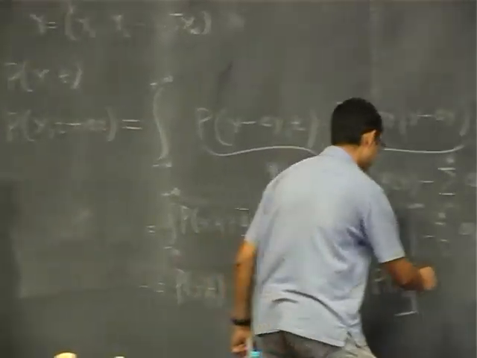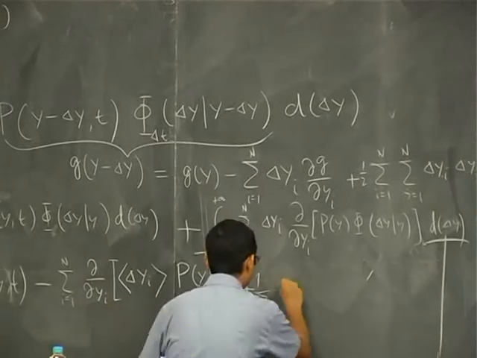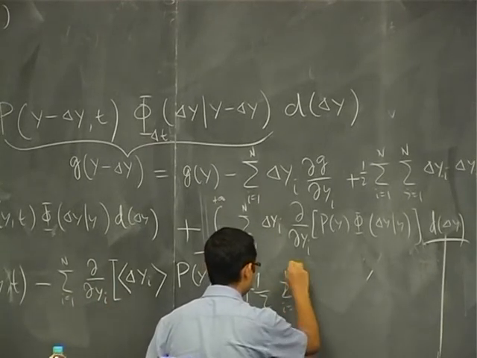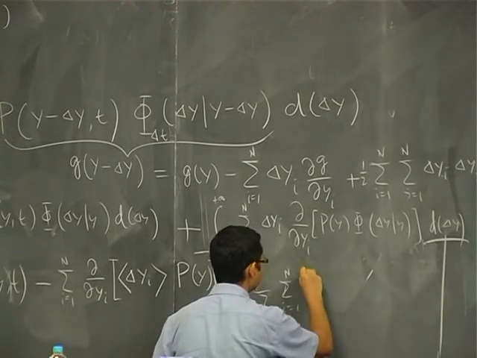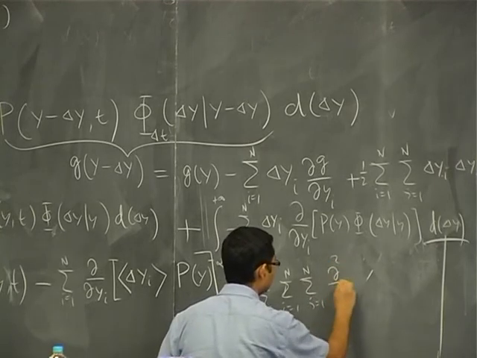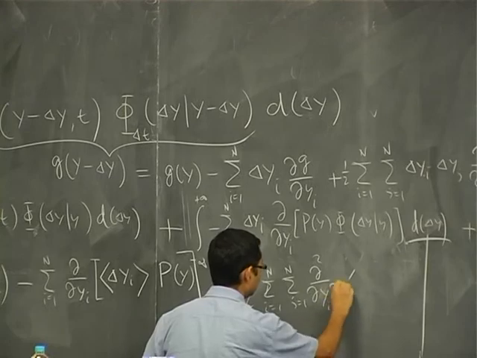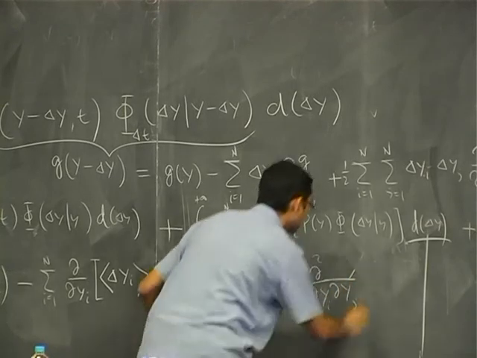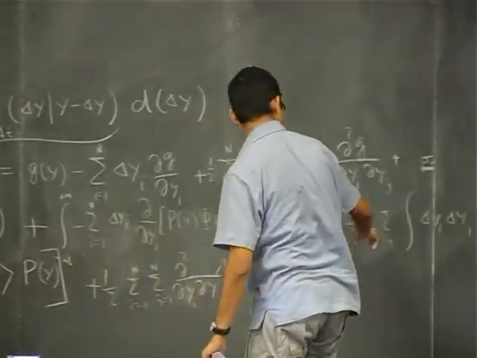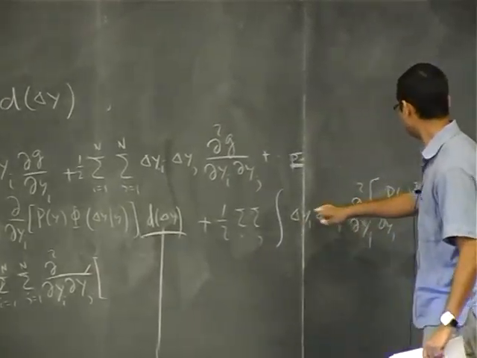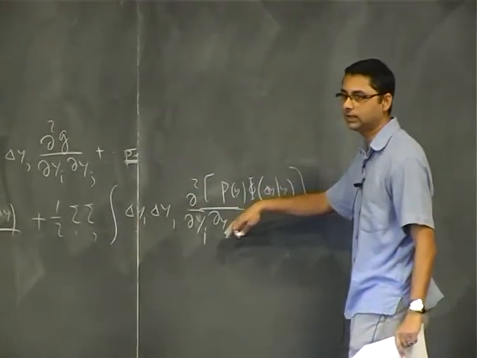Similarly, this gives me delta yi delta yj, I take it inside, do the integral.